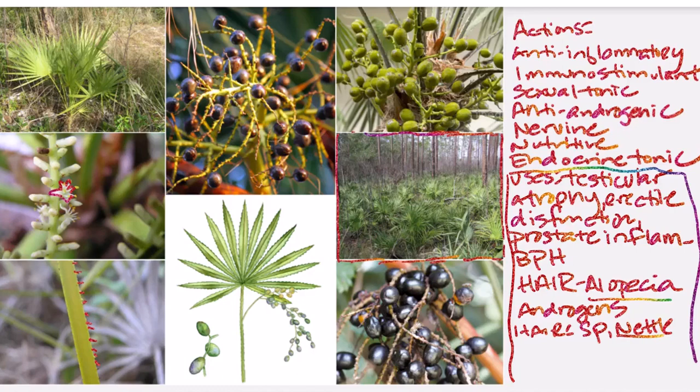You can purchase the seeds, but I'm not sure how available a tincture with seeds in it is. If you're going to use nettle for hair growth, I would use the whole plant if possible, and then definitely this saw palmetto. And then for hair, I would also include Heshou Wu. We can talk about that plant another time, but those would be the top 3 for hair growth.